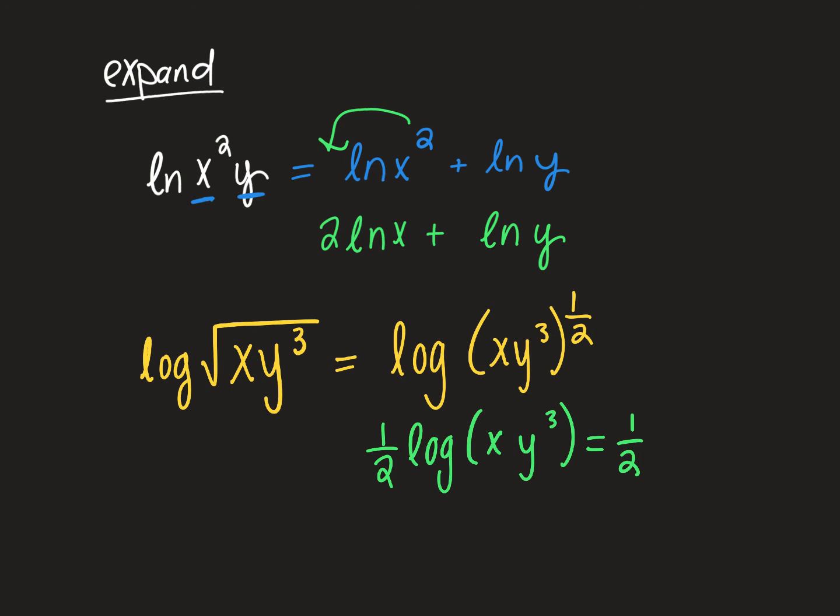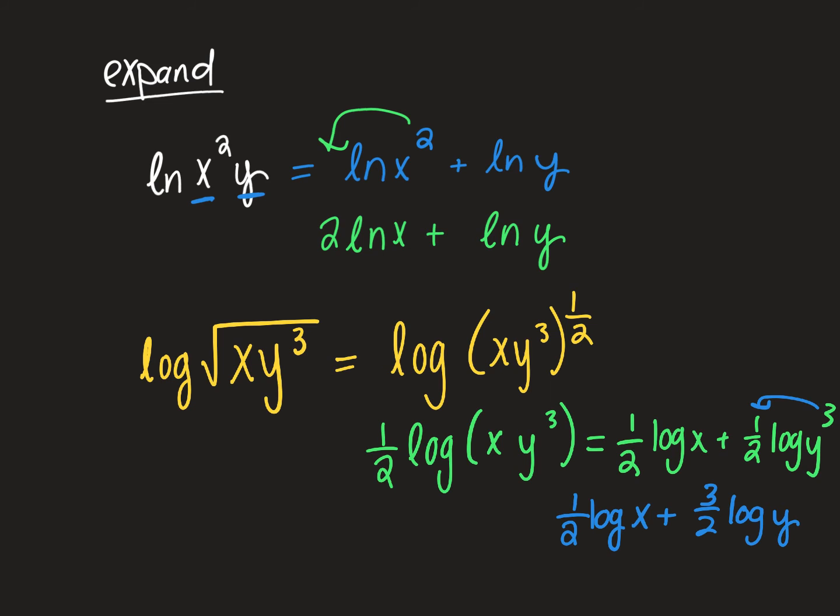So you have to do 1/2 log x plus 1/2 log of y to the third. And then we still have to pull that 3 exponent down. So you would multiply that 3 times the 1/2. So then your final answer would be 1/2 log x plus 3/2 log y.